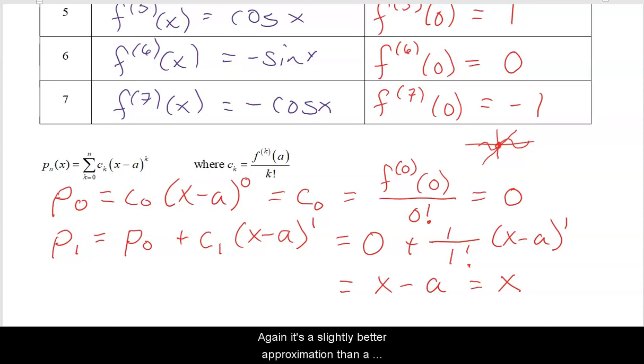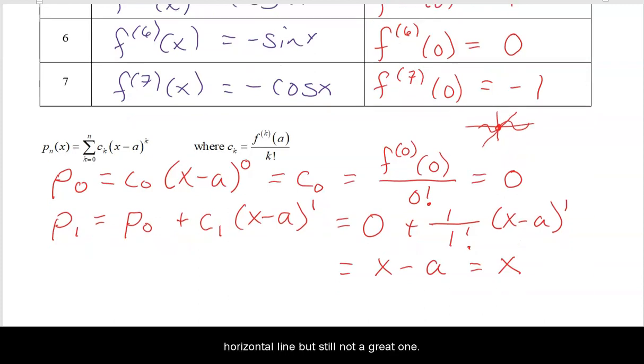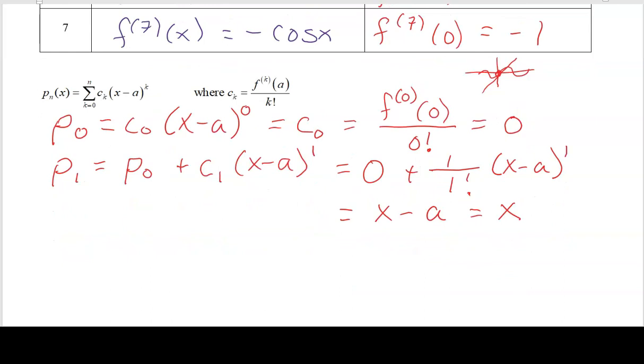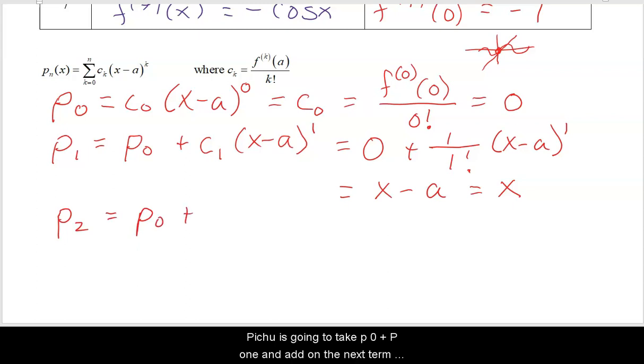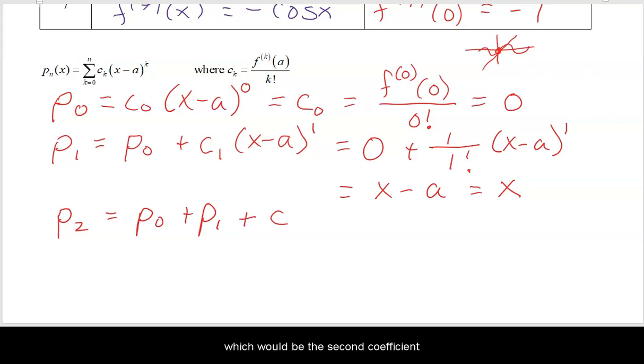Again, it's a slightly better approximation than a horizontal line, but still not a great one. Let's find P2 now. P2 is going to take P0 plus P1 and add on the next term, which would be the second coefficient times (x minus the center) to the second power.